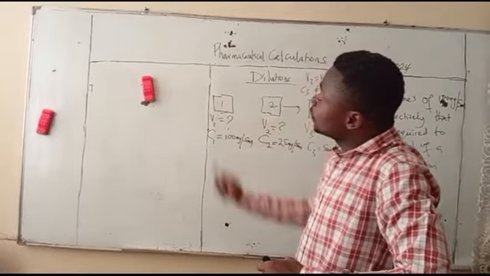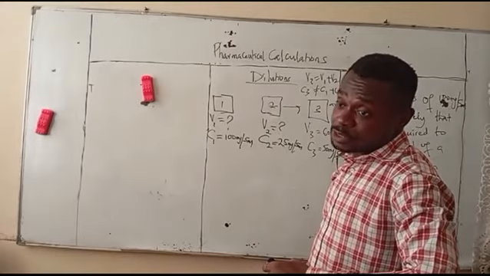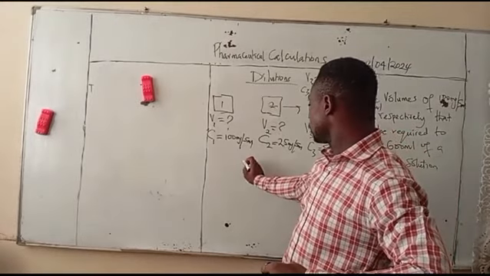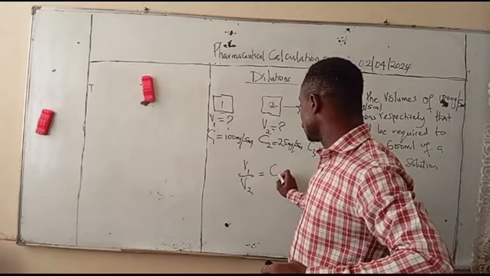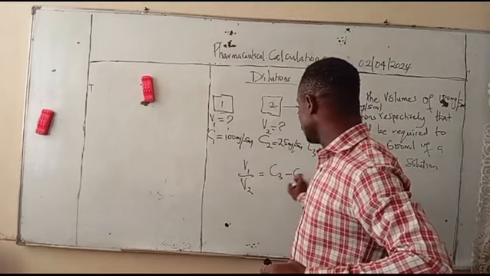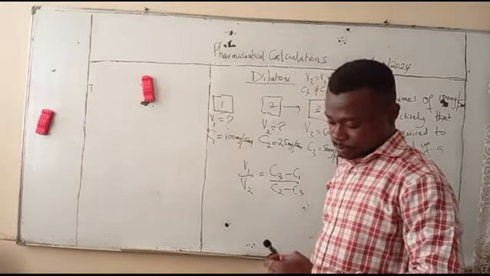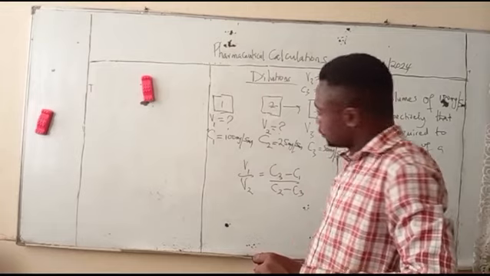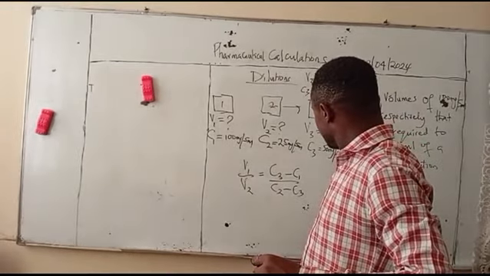So to solve this now, we use that formula, the formula for alligation alternate, which says that V1 over V2 is equal to C3 minus C2 over C1 minus C3. Put it down. Sorry, there's an error here, please.